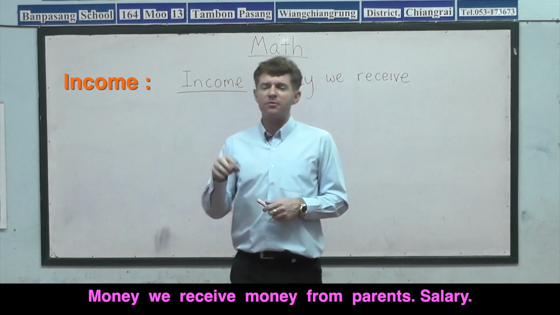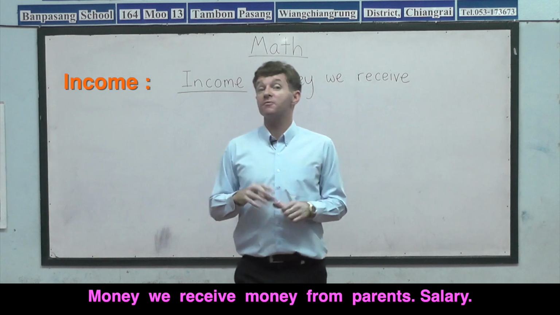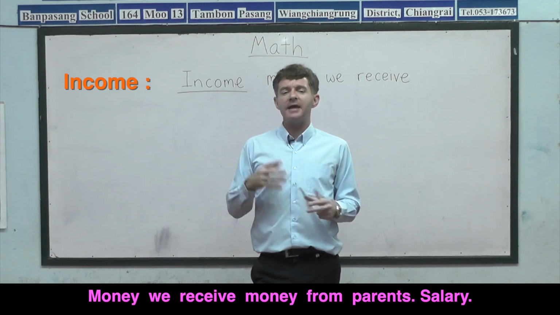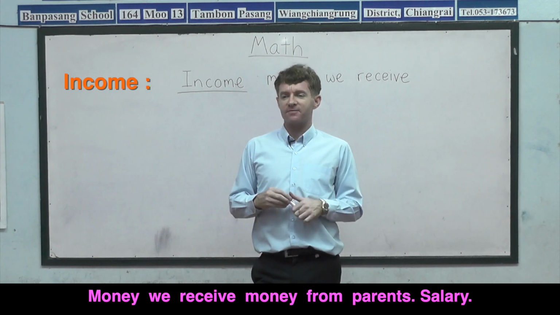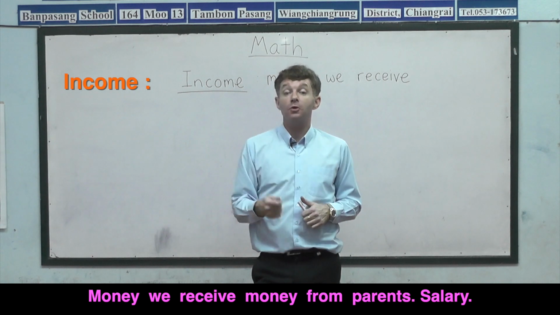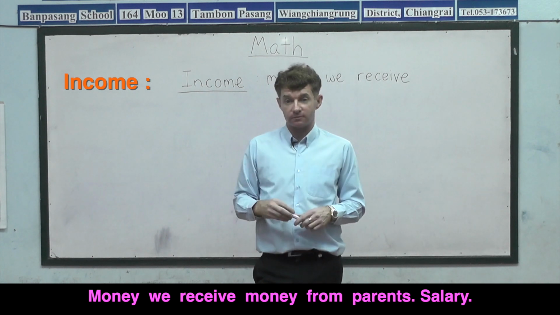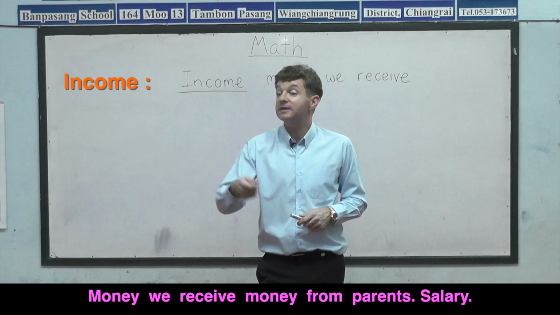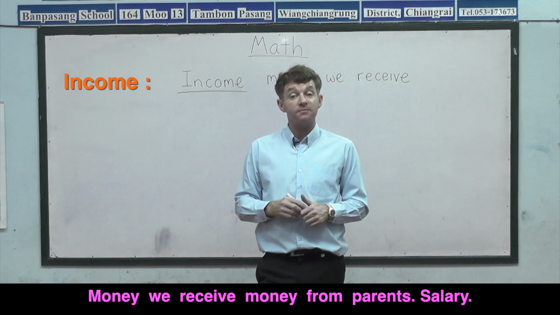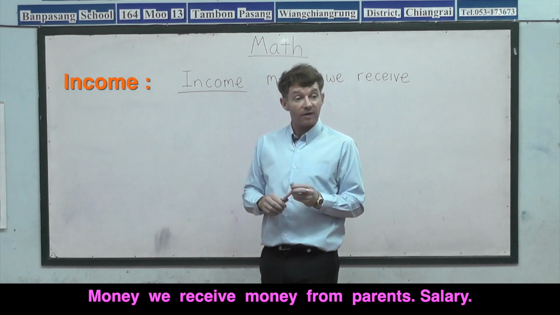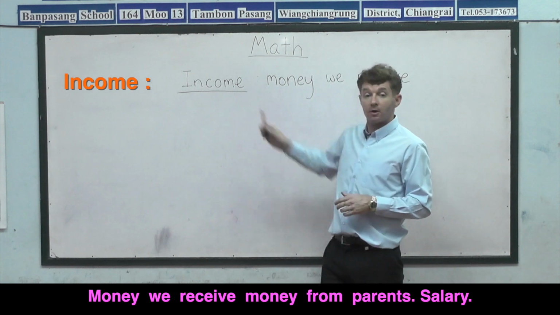Excellent. Can anybody think of any examples of money that we receive? Any types of income that we might get? Sometimes, do you get money from your parents? Do your parents give you money to buy things sometimes? Then you can call that your income.